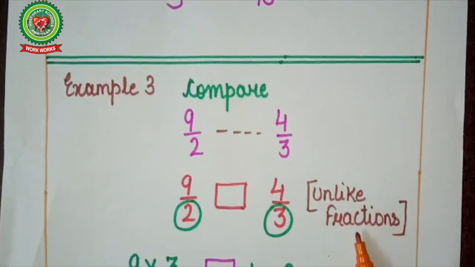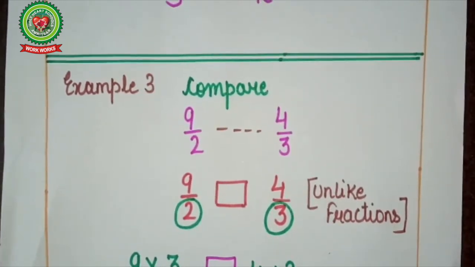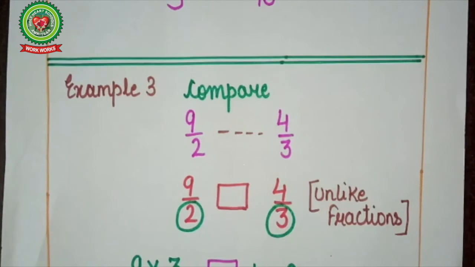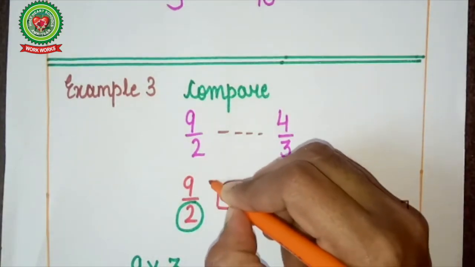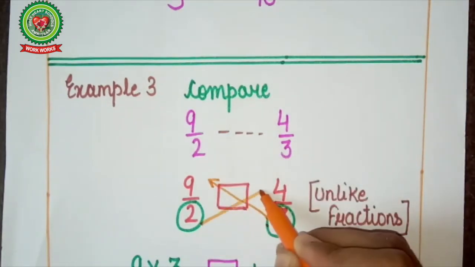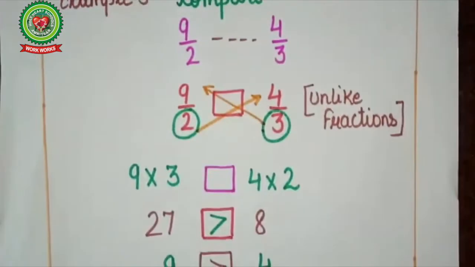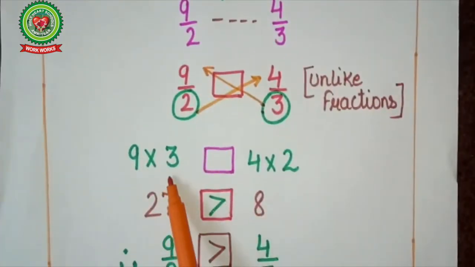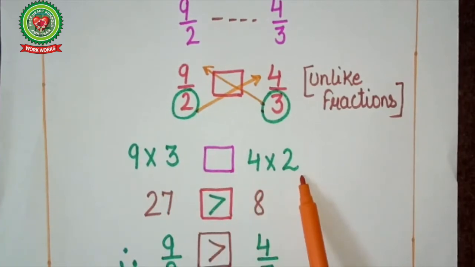That means these two are unlike fractions. Now next step, here we will do cross multiplication. So here 3 will move towards 9 and 2 will move towards 4. So what will come? 9 multiplied by 3 box 4 multiplied by 2.